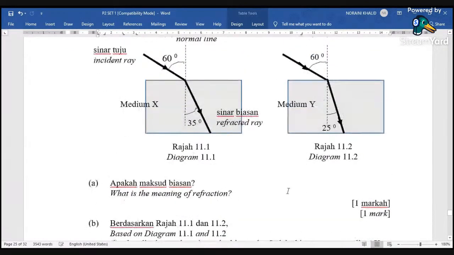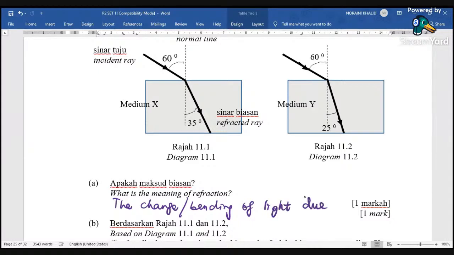What is the meaning of refraction? Okay, refraction means the change or the bending of light due to change in speed of light, as light travels or passes through different density of medium.